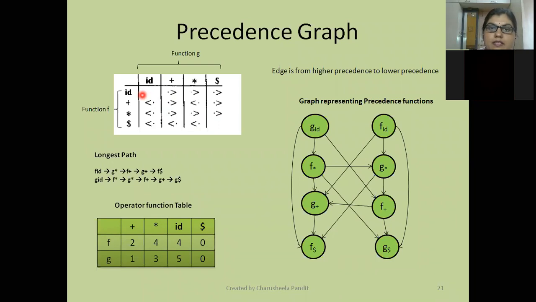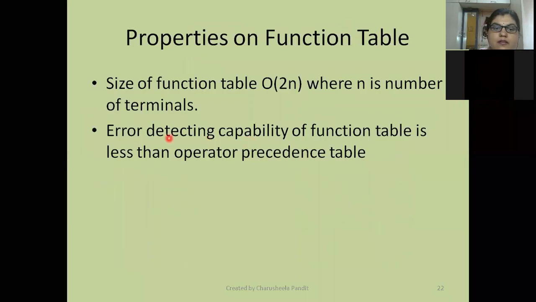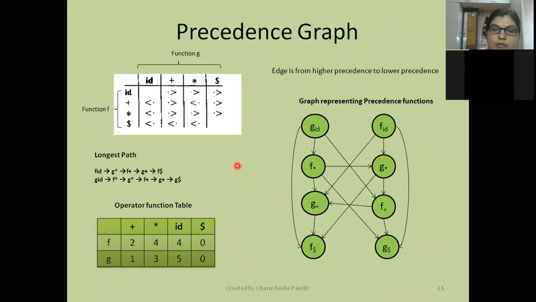If this is the case, the statement will have an error, and this error can be identified in the precedence table. But such types of errors won't get detected in the operator function table, and this is the only disadvantage. But because it saves memory, this is a more acceptable solution.